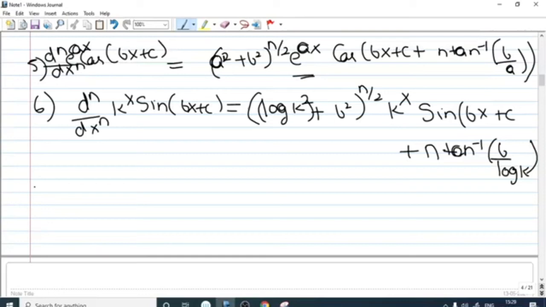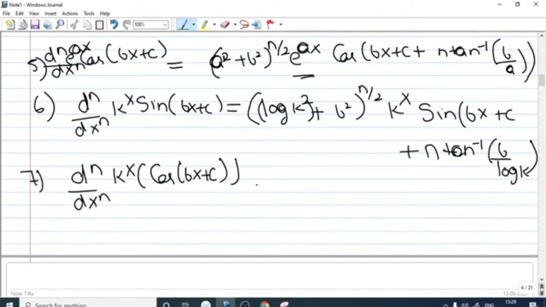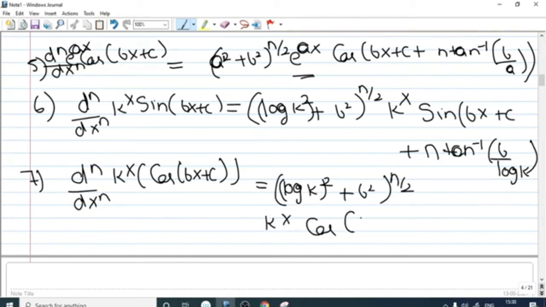Now the similar one for cos will exist. The cos one, d power n dx power n into k power x cos bx plus c, is nothing but log k the whole square plus b square, the whole upon bracket n by 2 into k power x cos bracket bx plus c plus n into tan inverse b by log k.